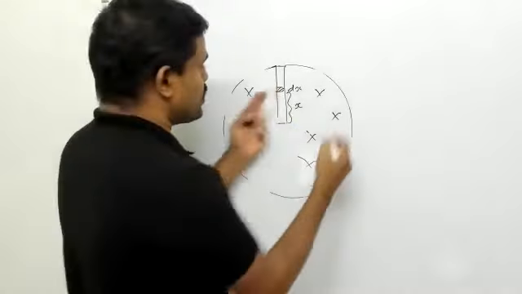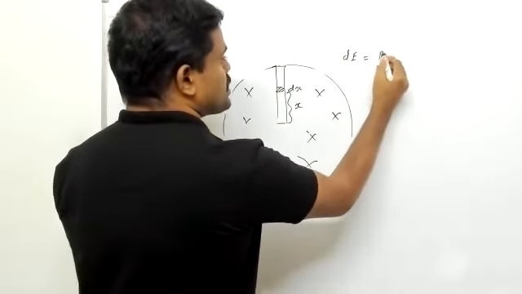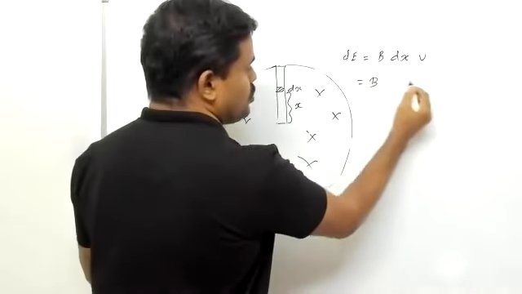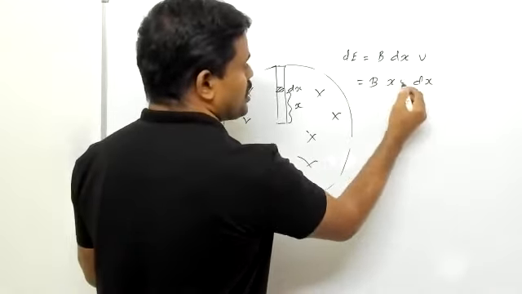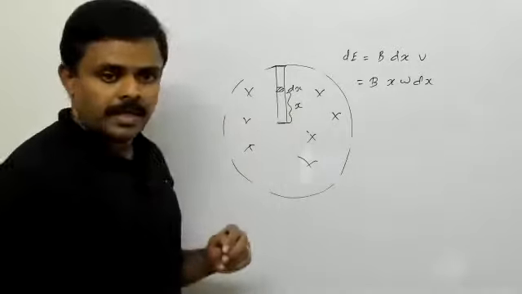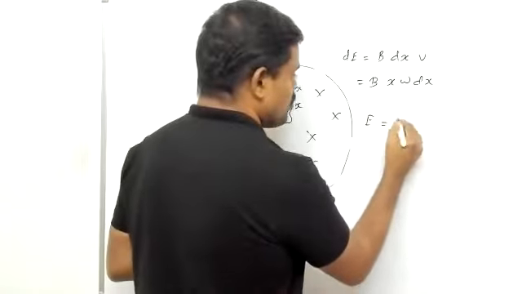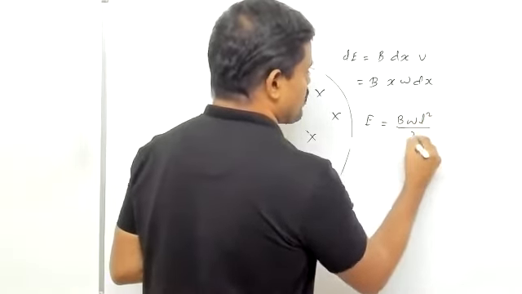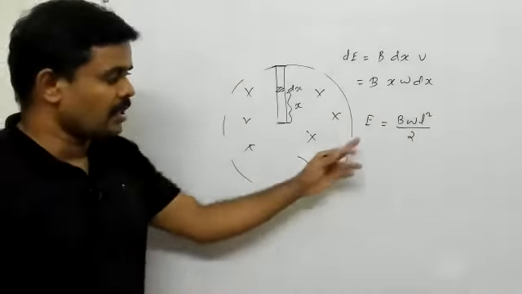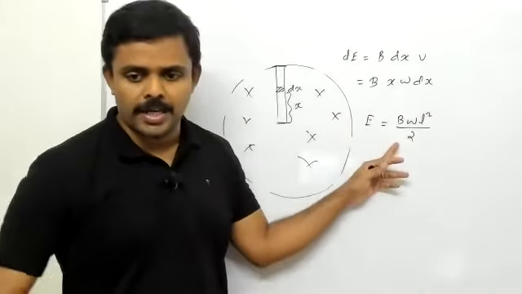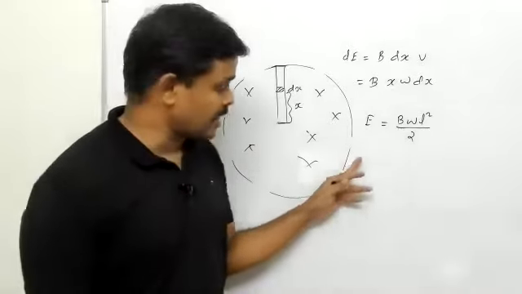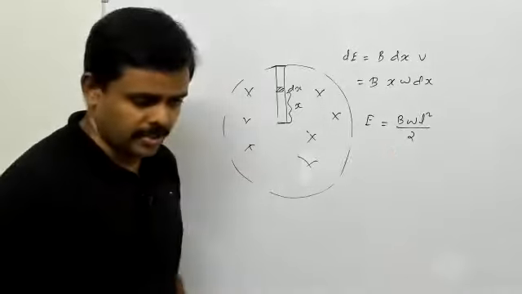Then the EMF due to the small element is dE equal to B into dx into v, where v can be written as x omega, and you will integrate from 0 to L. In the end, you will get the EMF as B omega L square by 2. It's a 5-mark question. The first part is EMF induced in the rod, for which the answer is E equal to B omega L square by 2.